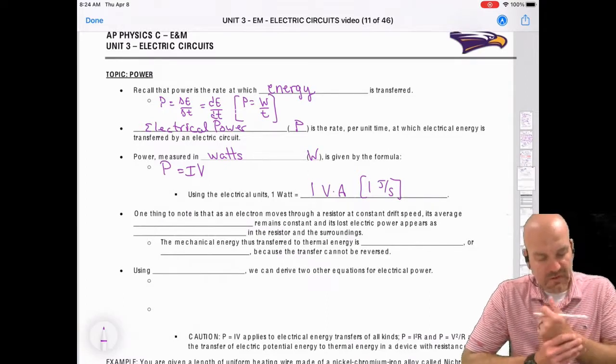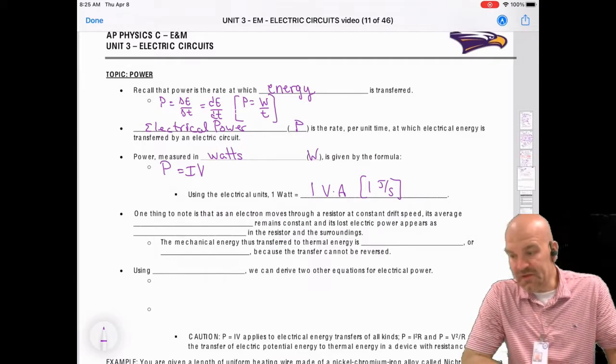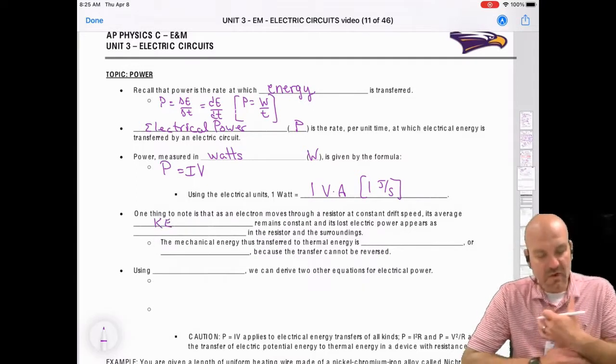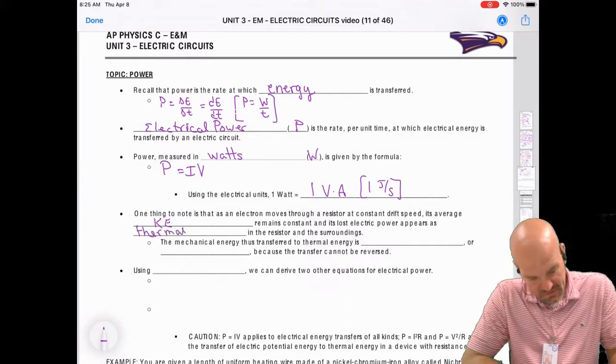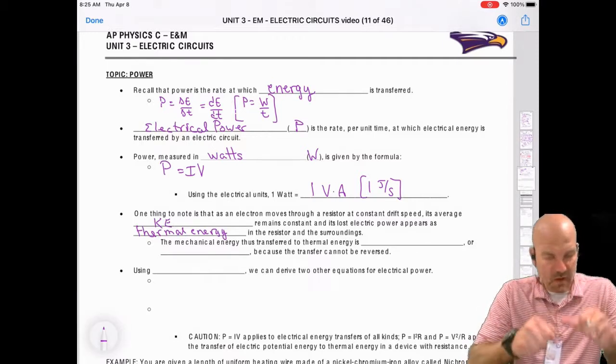One thing to note is that as an electron moves through a resistor at a constant drift speed, its average kinetic energy remains constant, and its lost electrical power appears as thermal energy. Remember, one of the reasons we know electrons are flowing is that the wire, or the resistor, is getting warm.